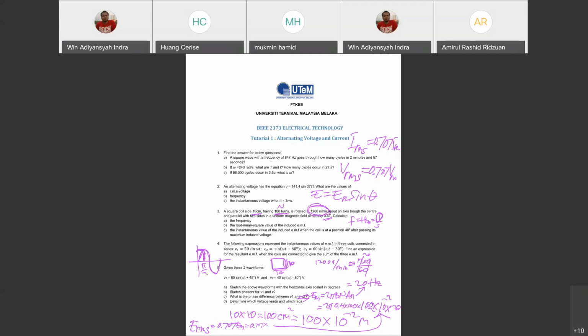For a sine wave, the maximum value is always 1, where the degree is 90 degrees, pi over 2. So when it is stated that the coil is at position 40 degrees after passing its maximum induced value, so 40 plus 90 degrees, this one will be EM sine 130 degrees.